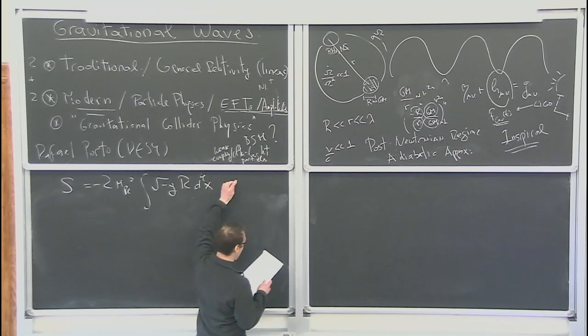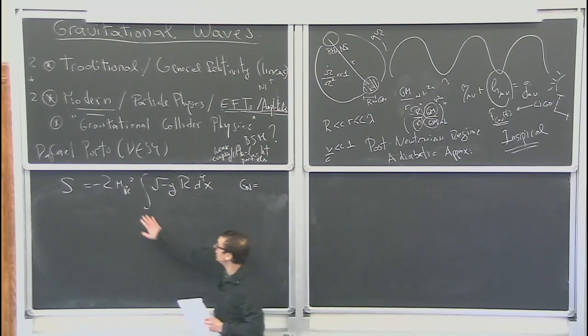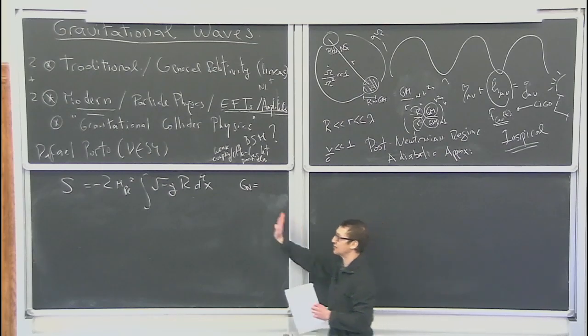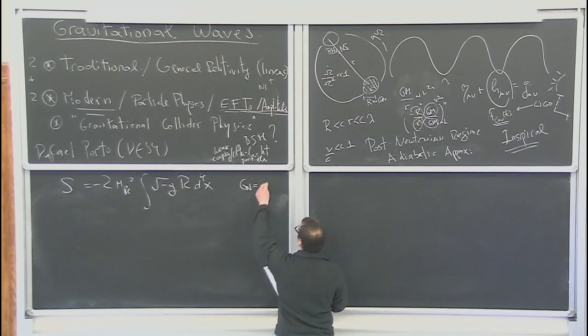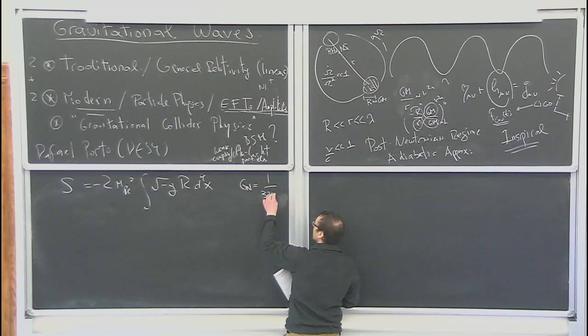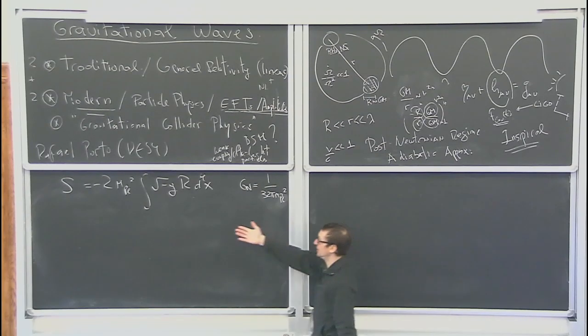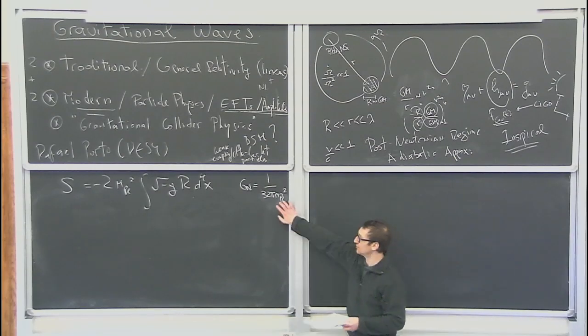This mostly will appear later. So I'm putting it in here now because later when we do the particle physics approach, then the action is going to come back, okay? So this definition will matter later. And this is nothing but 1 over 16 pi G Newton, right? We just write it in terms of this M Planck.